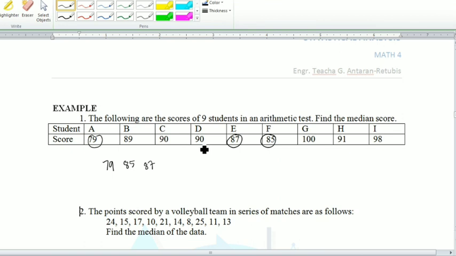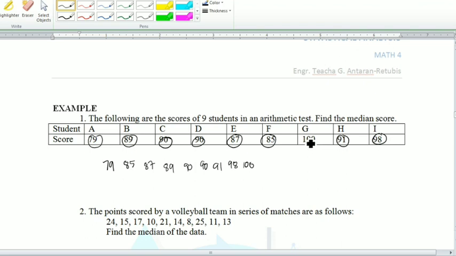We also have 89. And we have two 90s, 90 and 90. And we have 91. And we have 98. And we have 100.